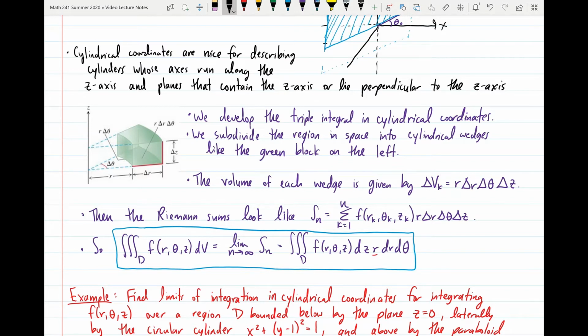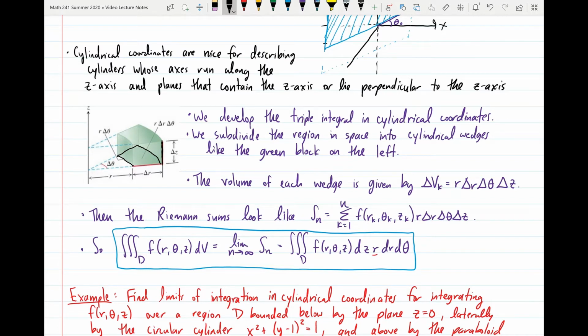Well, these cylindrical wedges are going to be similar to the polar rectangles in that if you look just at the base of this cylindrical wedge, which I will try to outline here, so this base right here, that's just going to be a polar rectangle, but we add the z dimension right here, and now we call that a cylindrical wedge.